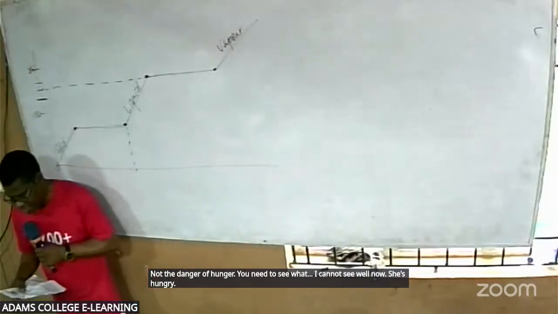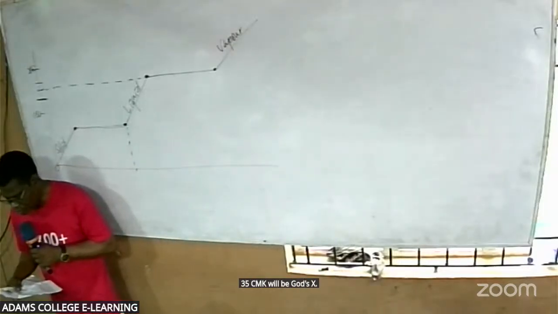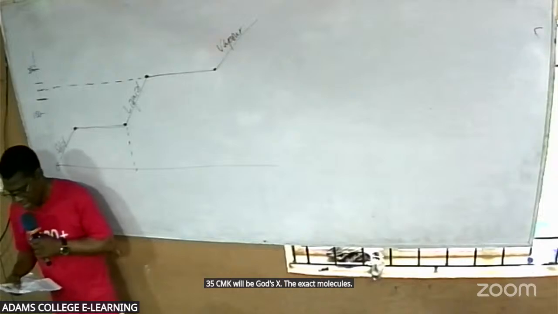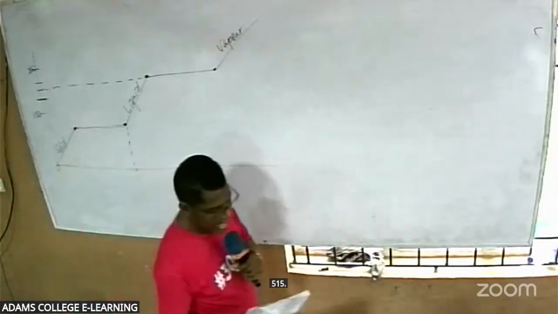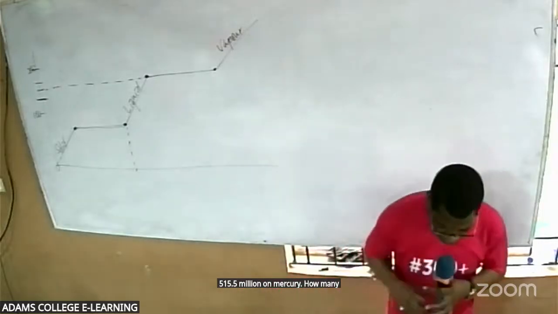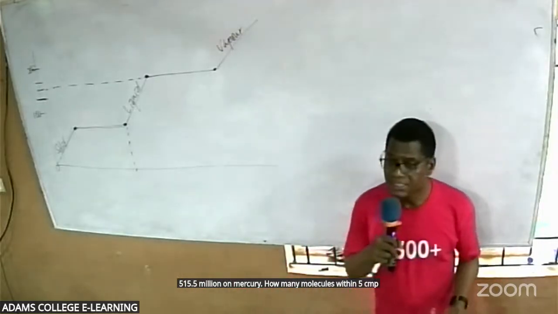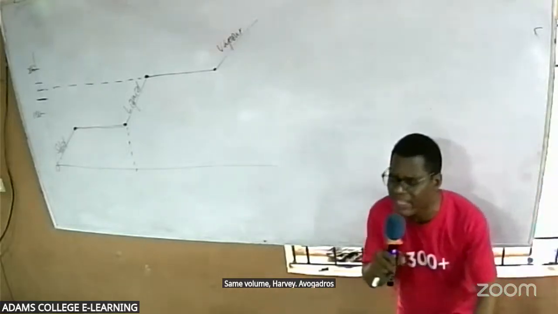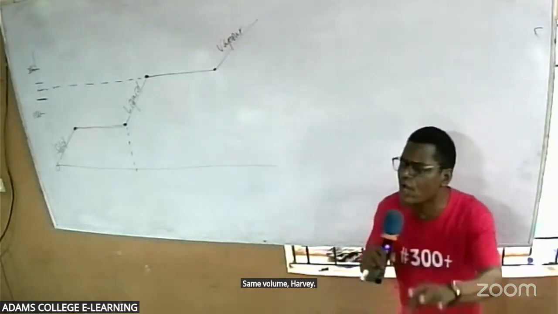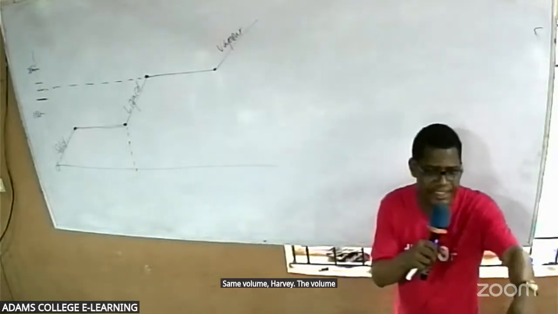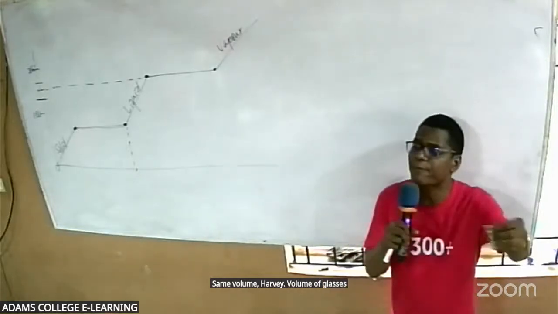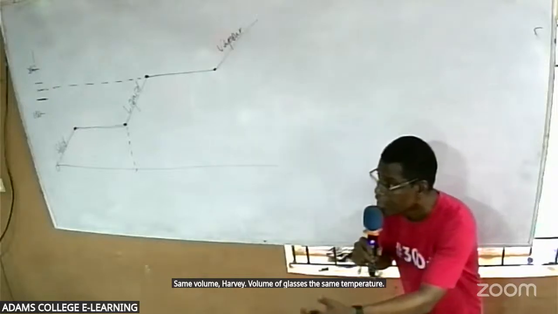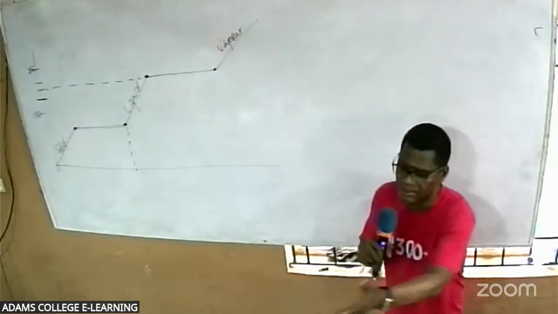25 cm³ of a gas X contains Z molecules at 15°C and 75 millimeter mercury. How many molecules in 25 cm³? Look at that word. The same volume. Avogadro's law says that equal volumes of all gases at the same temperature and pressure contain the same number of molecules.